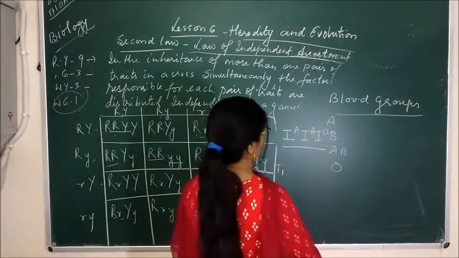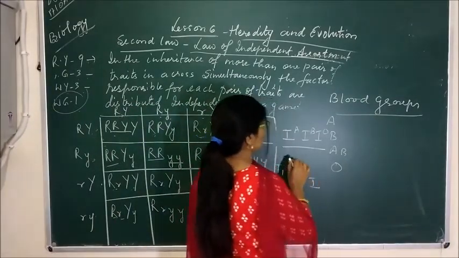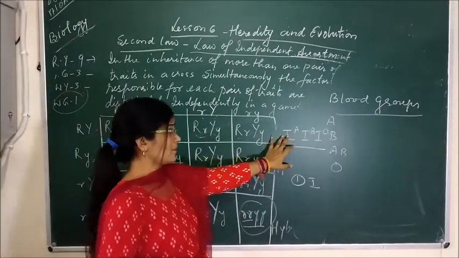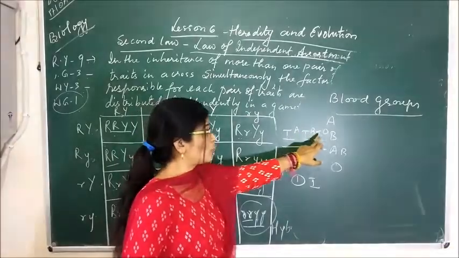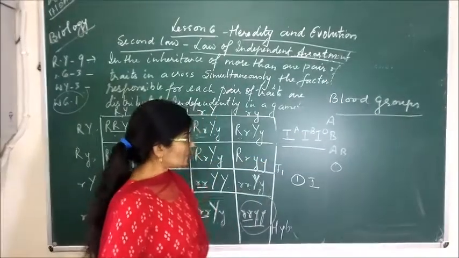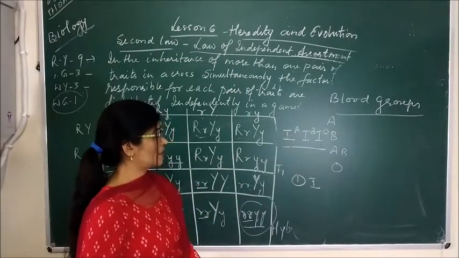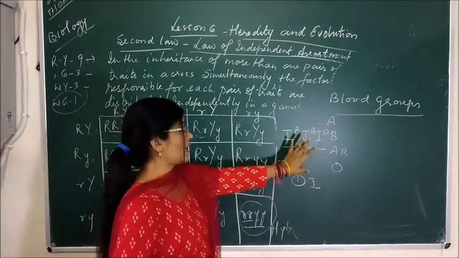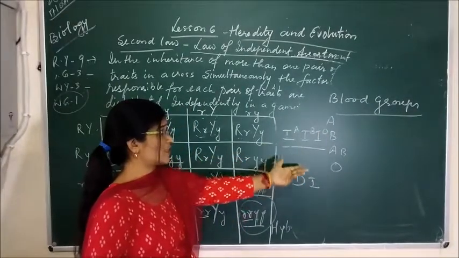First, we'll look at if our genes have IA. One thing you should remember is that IA and IB are both dominant characters and IO is the recessive one. If the dominant character is there, we'll have the dominant gene show in the blood group, and if a recessive character is along with the dominant, the dominant will still show its appearance.